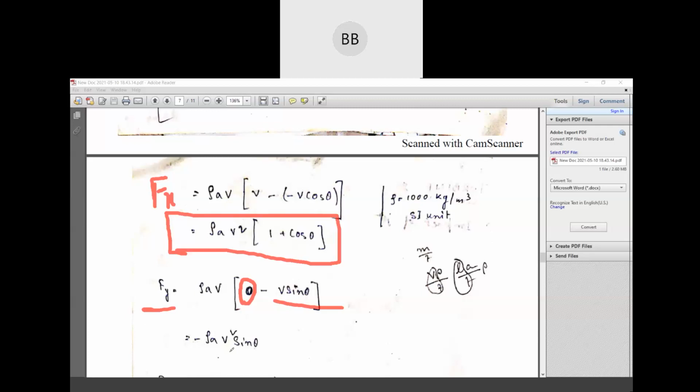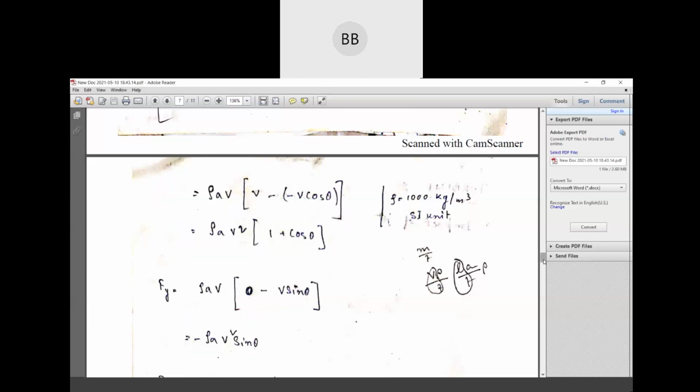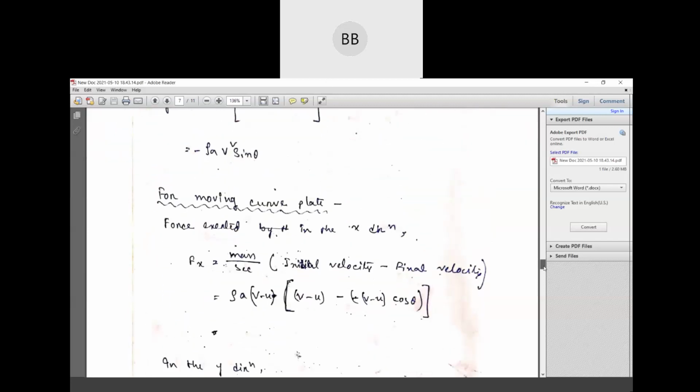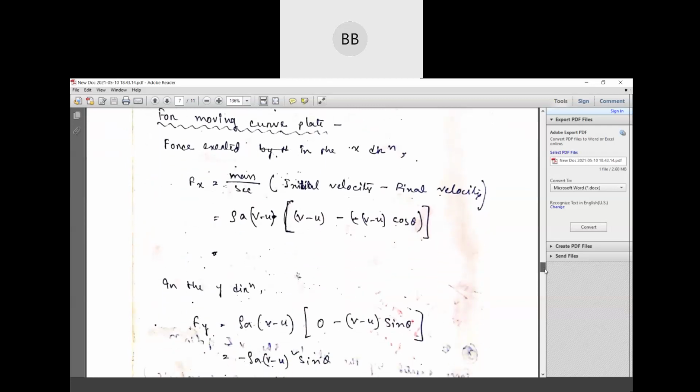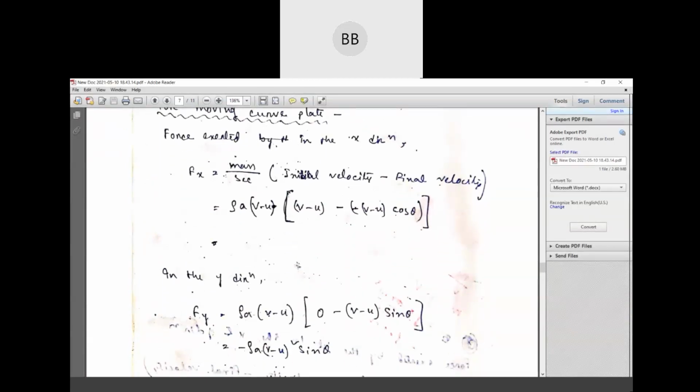Here minus ρaV² sin θ, this is F_y. In this way you can also find out for the moving plate. Only in place of V you have to write V minus u.